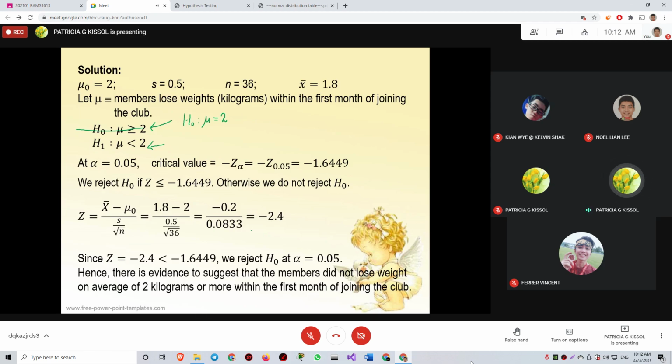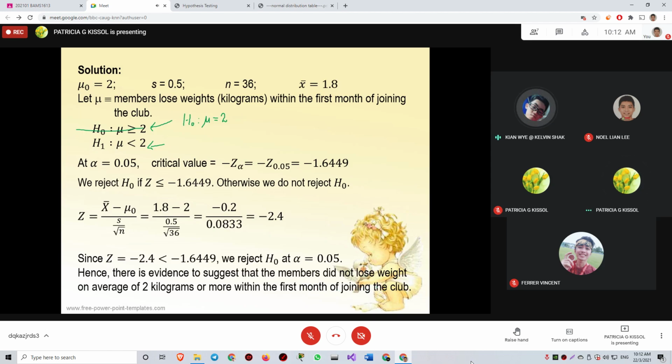Or you could also say there is evidence to suggest that the members lose less than 2 kilograms on average within the first month of joining the club.